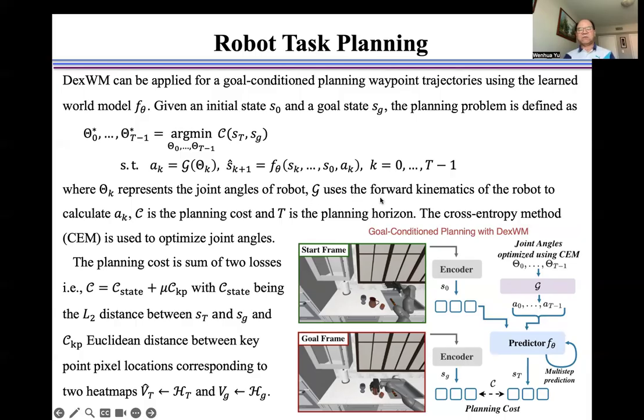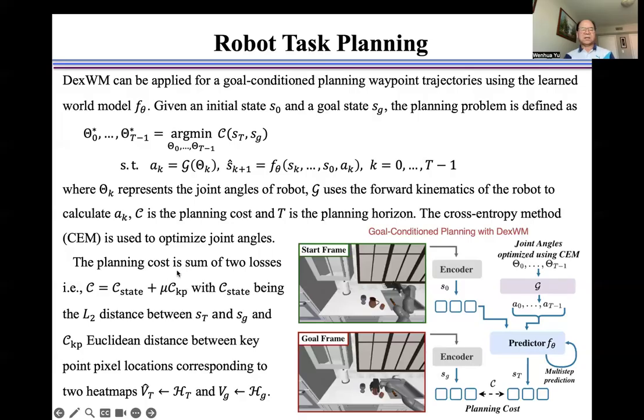G uses the forward kinematics of the robot to calculate the a_k. C is the planning cost and T is the planning horizon. The cross-entropy method is used to optimize the joint angles.